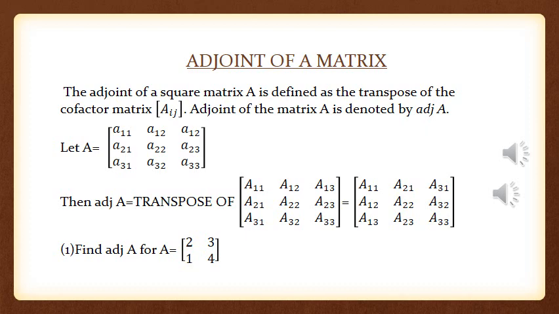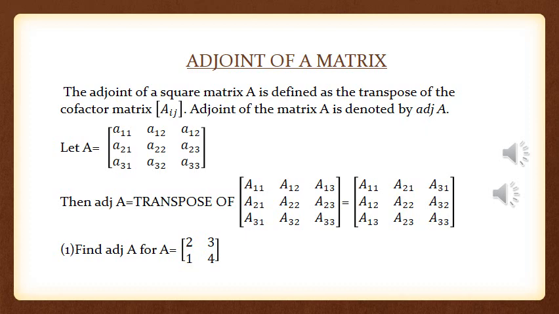Clear? Find out cofactors of each element of a determinant. Each element. If we consider a 3 by 3 determinant, there are 9 elements. Find out the cofactor of each of these 9 elements. Write this as a matrix. This matrix is called cofactor matrix.